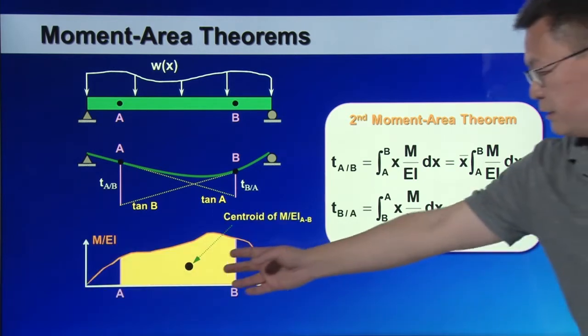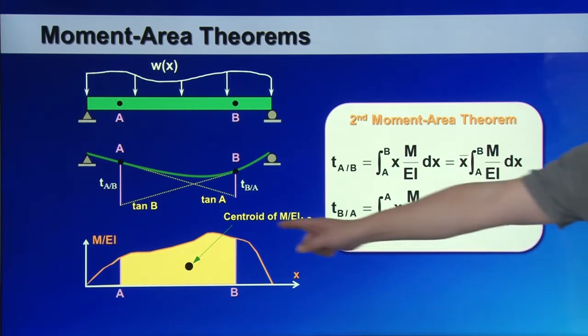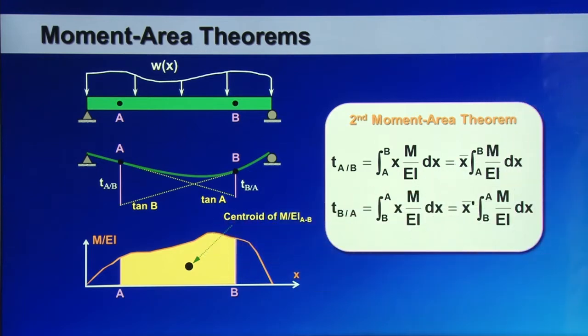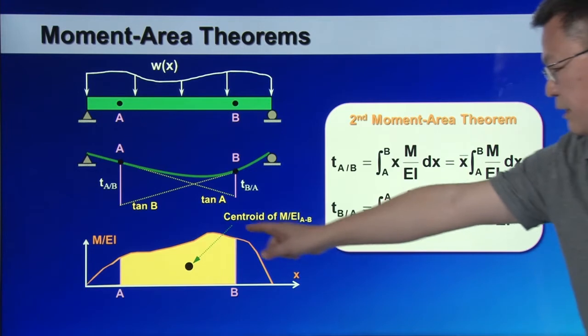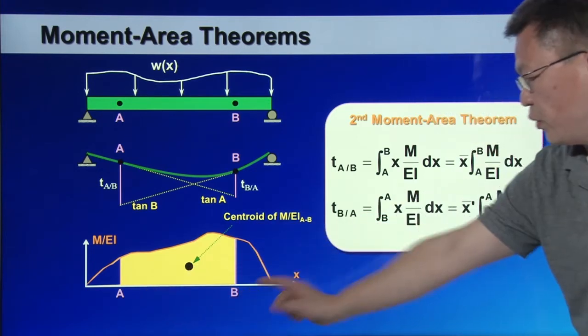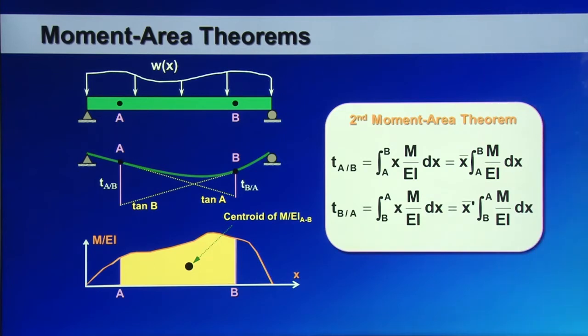So graphically, these two calculations are related through this graph. So this is the M over EI plot, and this is point A and point B. This is the centroid of M over EI.